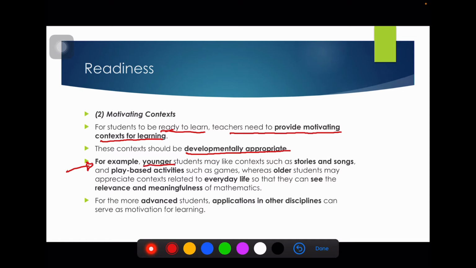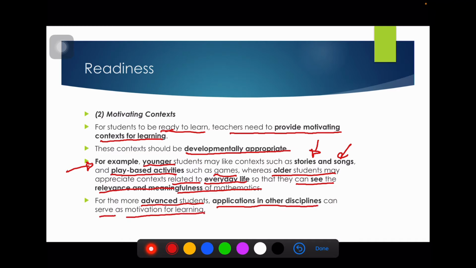For younger students, the motivating context would be stories, songs, even play-based activities such as games. For older students, it may be something related to everyday life, something in which they can see the relevance and meaningfulness of mathematics.